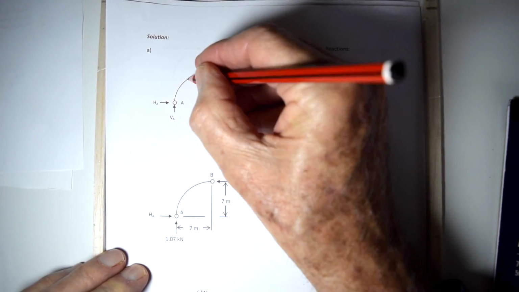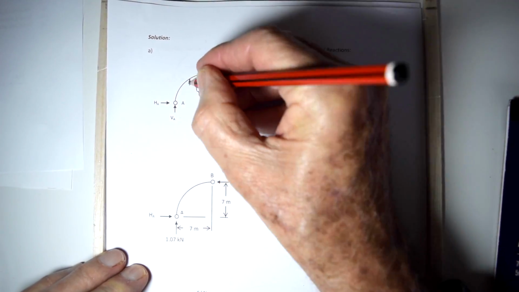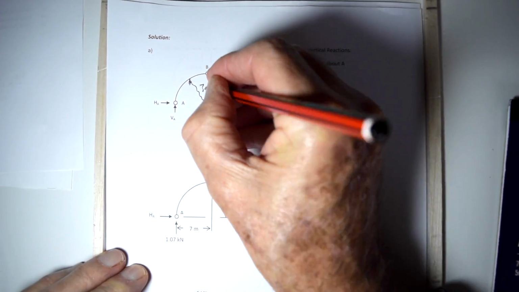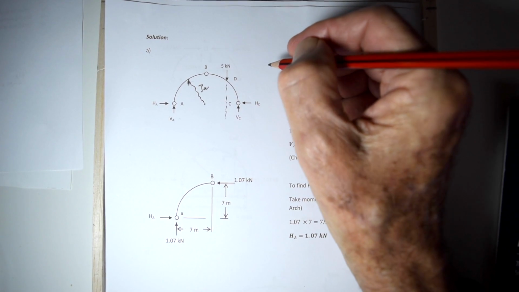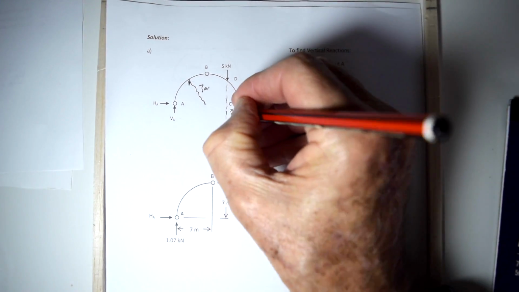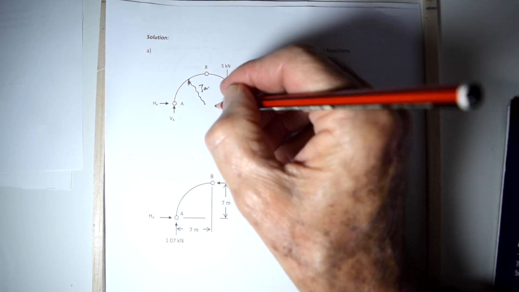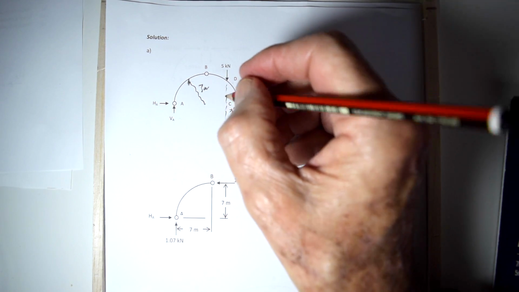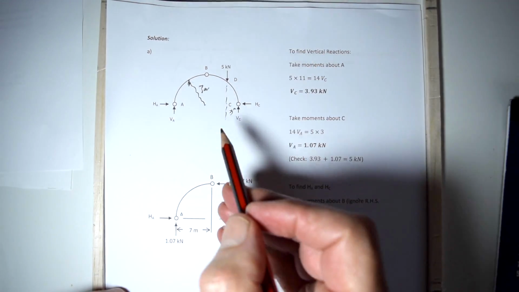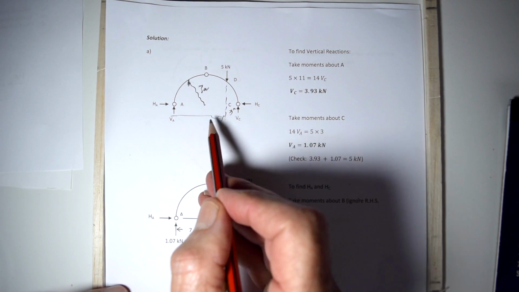The radius is 7 meters. And this dimension was 3 meters. If that dimension is 3 meters, then this dimension here would be 11 meters, wouldn't it?